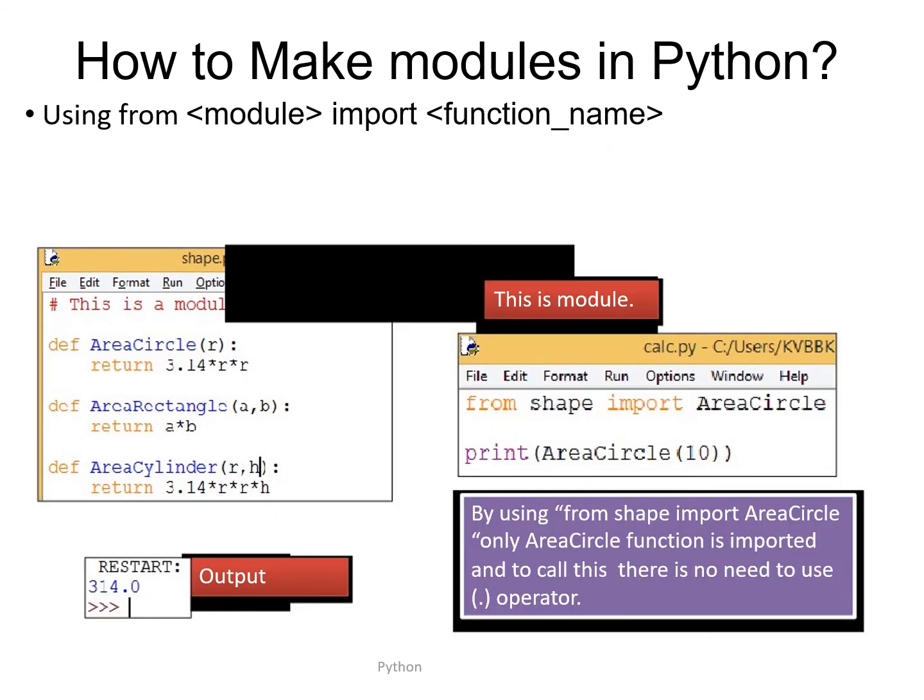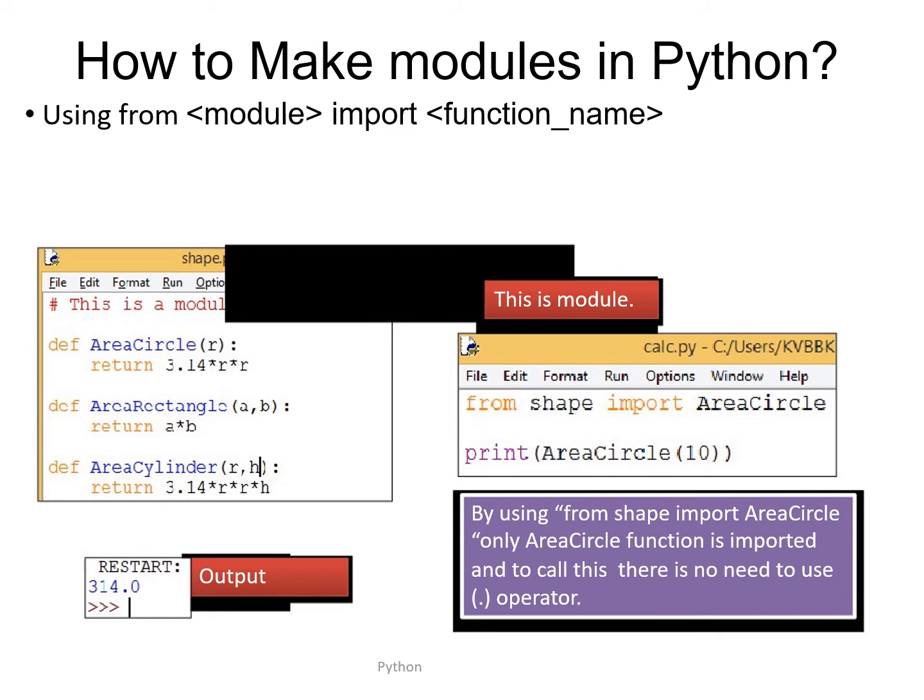And now if we don't want all the functionality of the shape module, if we want only area of circle, or area of rectangle, or area of cylinder, we don't need all three functionalities of that module. If we need only one functionality of that module, then we write from shape import area circle.